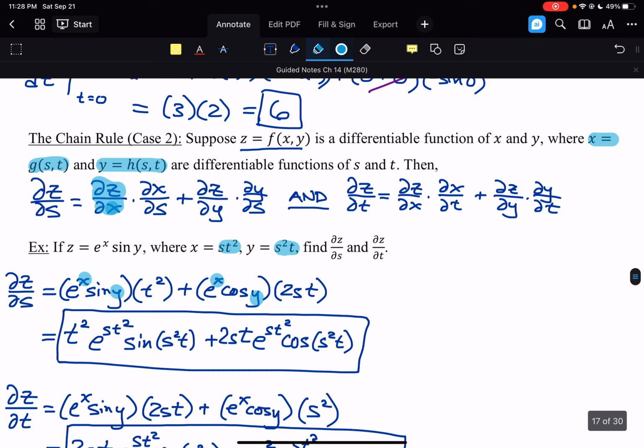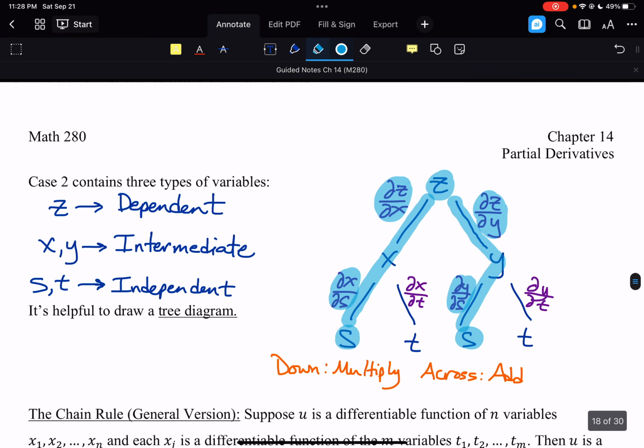Okay, so this tree diagram can help us develop the formula for any chain rule partial derivative. It didn't have to be s, it could have been t, and then it just changes which branches we take.